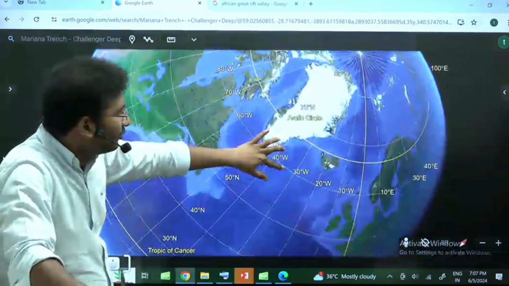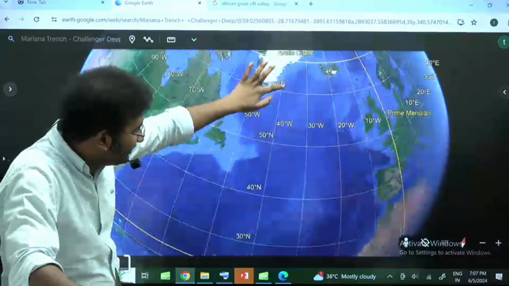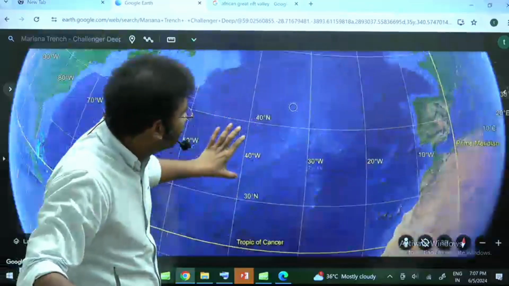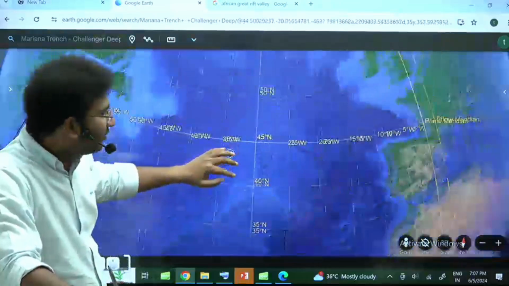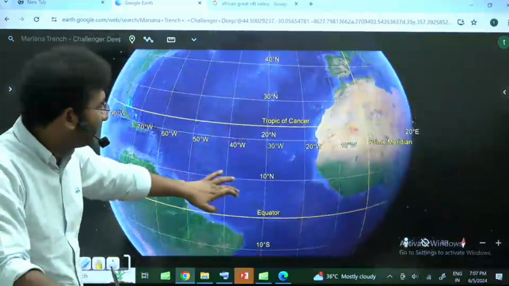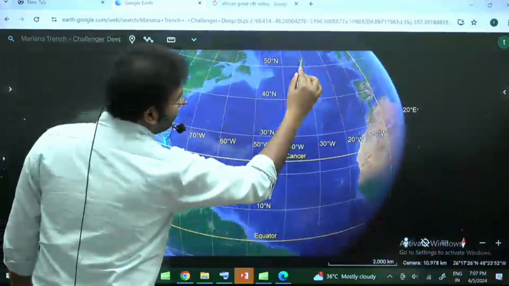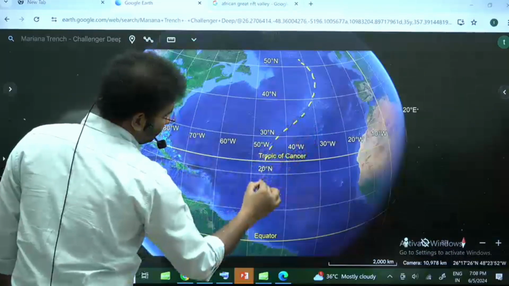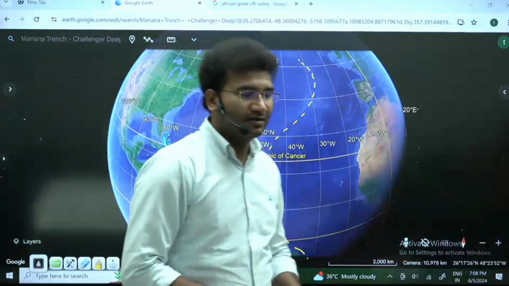So plate boundaries, that's why I want you to keep your atlas aside so that you will get to see. And can you see this image? एक छोटा सा line दिख रहा है ना? This line is the boundary. So you'll see this boundary, nothing but the middle oceanic ridge. I'll try to show you. Identify this line. Now this is what is middle oceanic ridge.